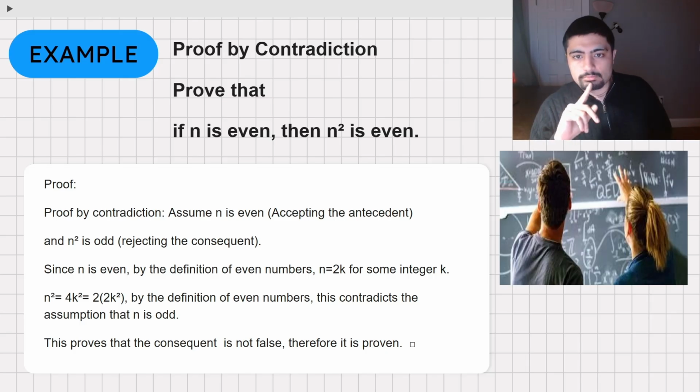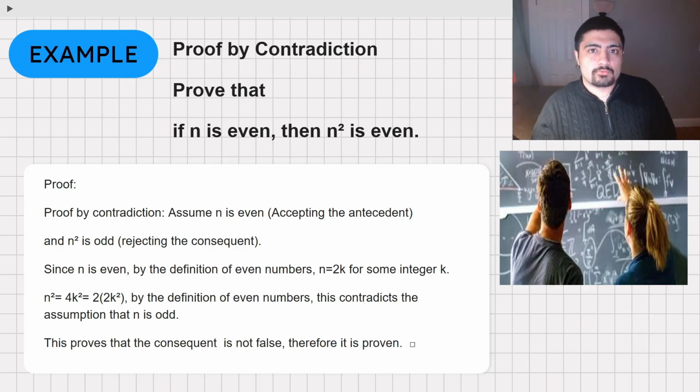Well, yes, this is a very similar proof to what we did with the direct proof. You can say, isn't this the same? Well, not exactly. This is the same statement, so it does feel very similar proof-wise, but it is not exactly the same, because with direct proof we just assume the antecedent, but for contradiction, we assume the wrong one.